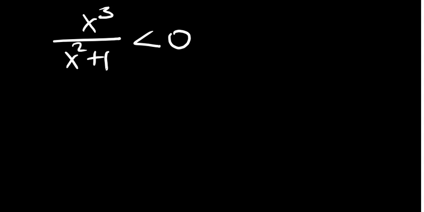Okay, so is it possible that you can divide that? Let's take it directly. Let's try to predict the critical values and the values that can make this one undefined. So x squared plus 1 should not be equal to 0.